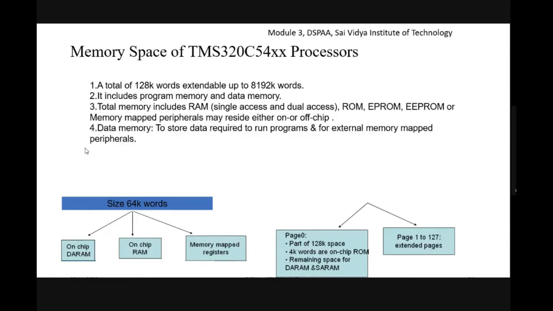The memory space provides a total of 128 kilowords of memory, extendable up to 8192 kilowords, in the TMS320C54XX processors.